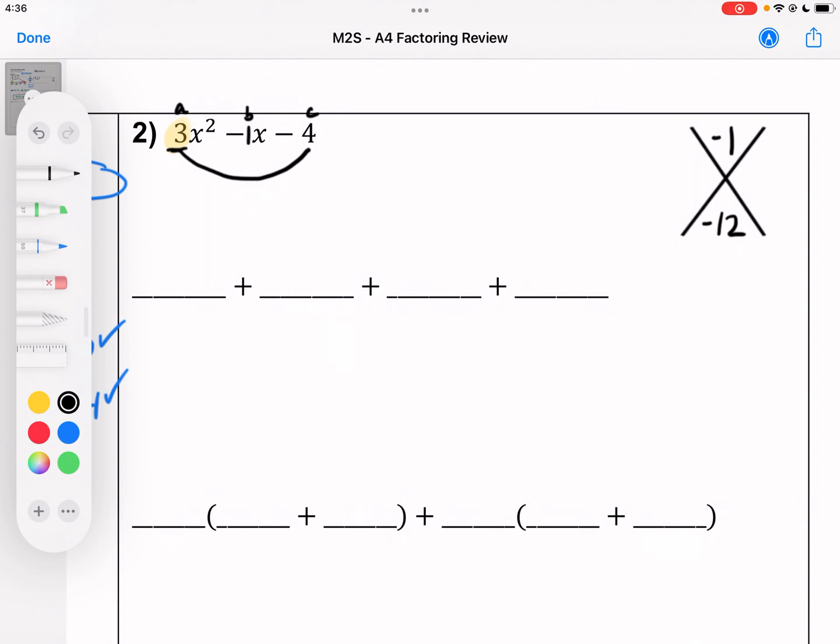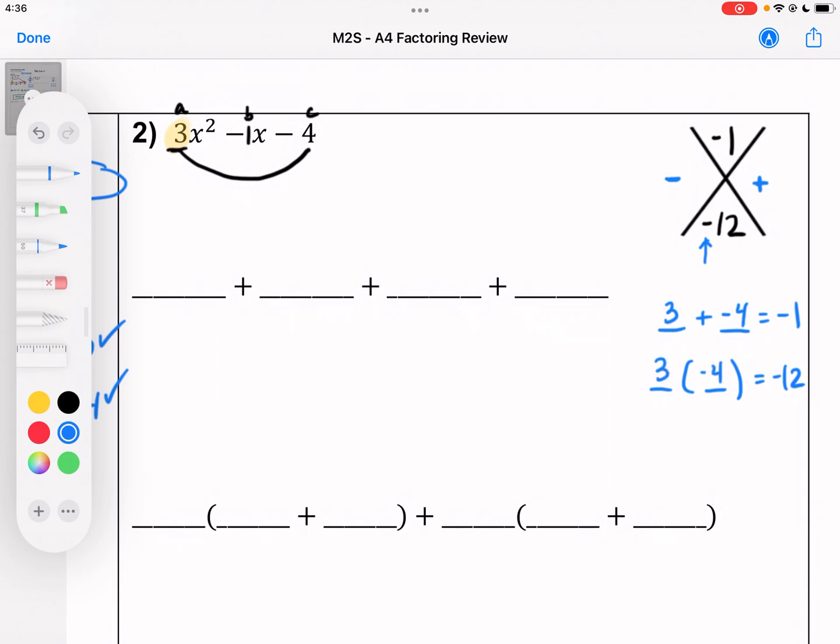Now, once again, whenever you see negatives, it throws people off a lot. So if the bottom number is negative, just a reminder, that means that one of these should be negative, one should be positive. So it's -12. We want two numbers that add up to -1. But then when we multiply them, it should be -12. So the answer would be 3 and -4.